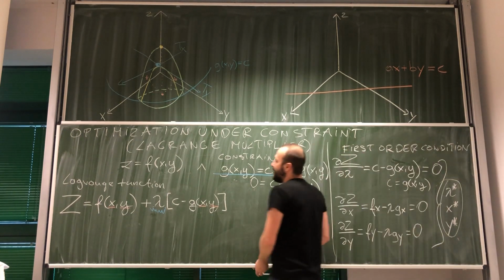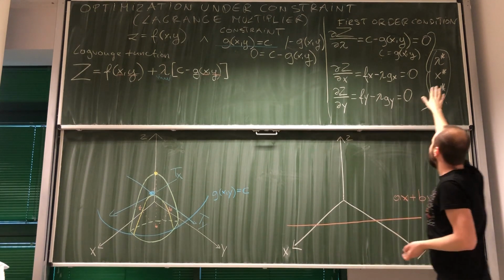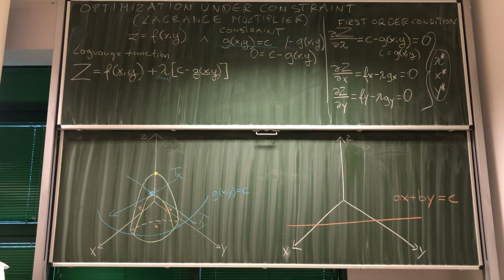Okay, now, so this is the first order condition. So we calculate 3 partial derivatives, we set them to be equal to 0, and we solve them with respect to lambda, x and y.